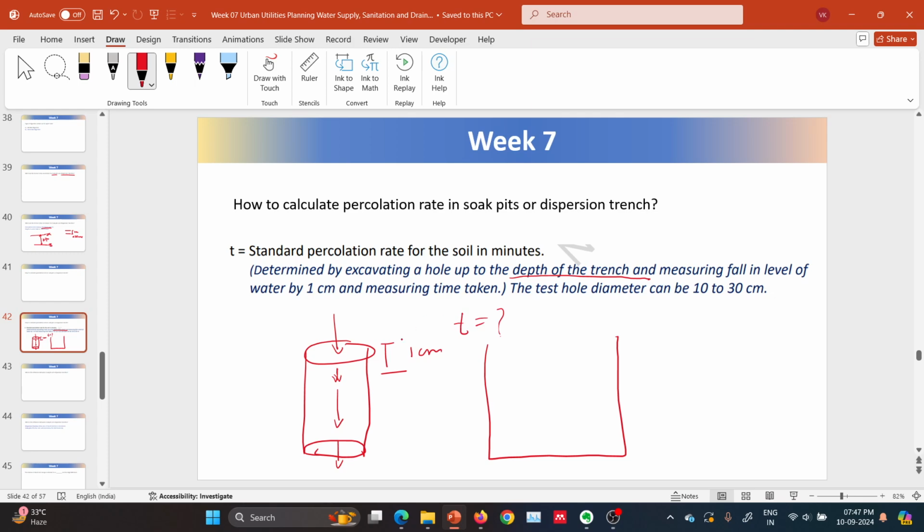That time will tell us the percolation rate, and this diameter can be 10 to 30 centimeters. This time is for the drawdown of water level by 1 centimeter.